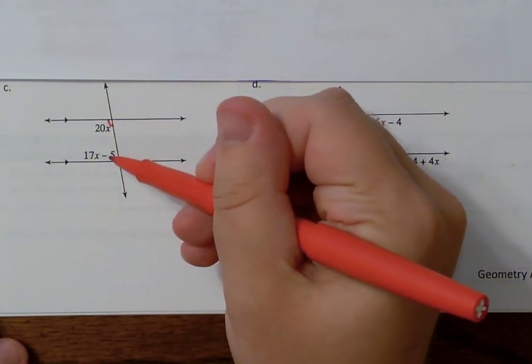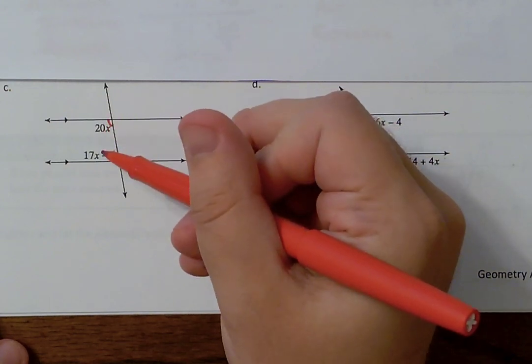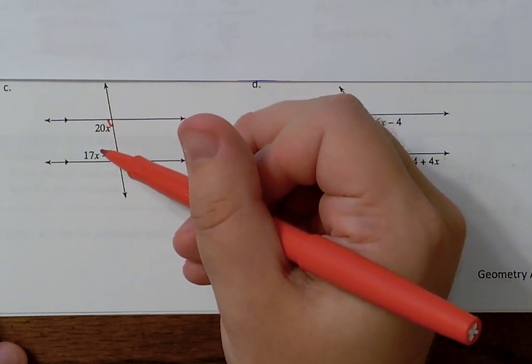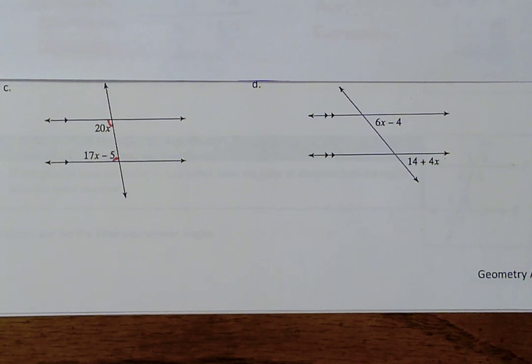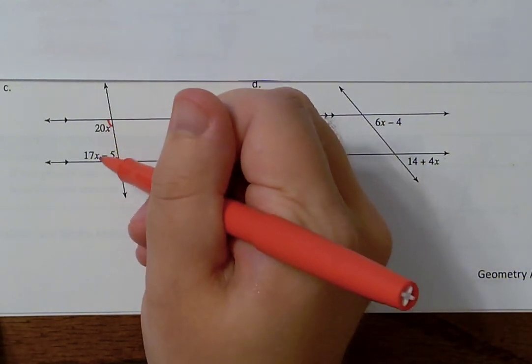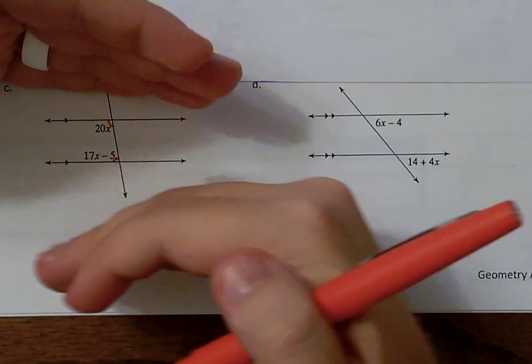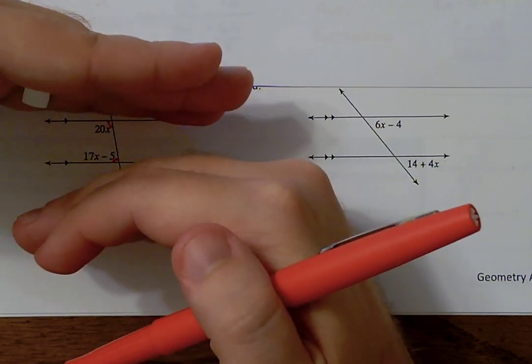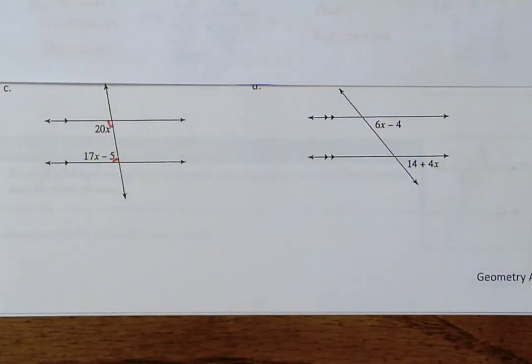These two angles right here, they are on the same side of the transversal, and they're in between the parallel lines. So same side of the transversal, and then in between my two parallel lines.